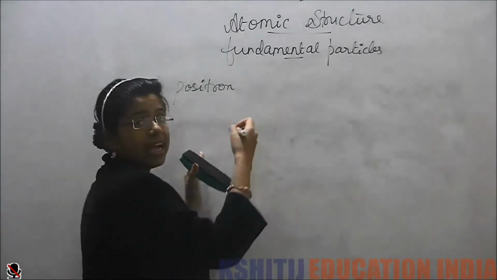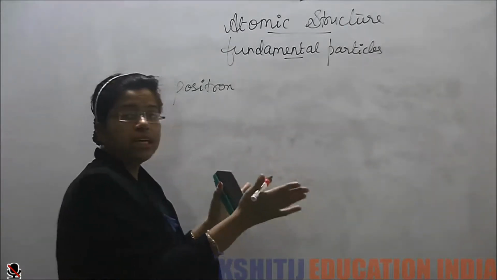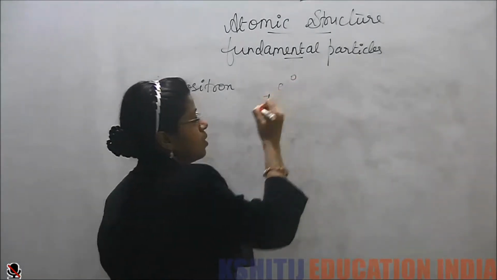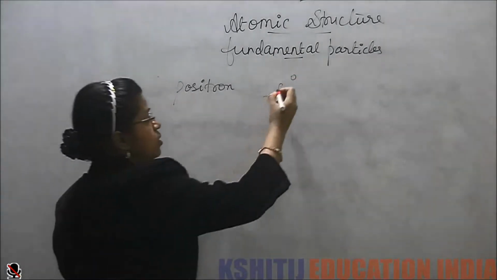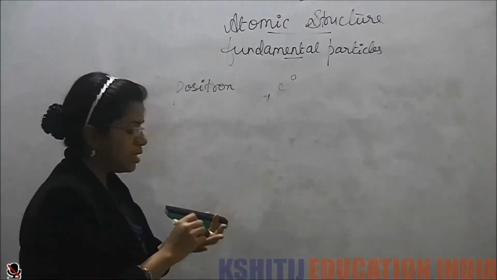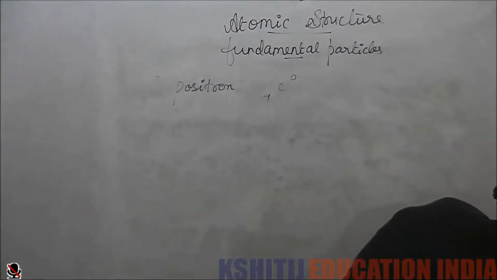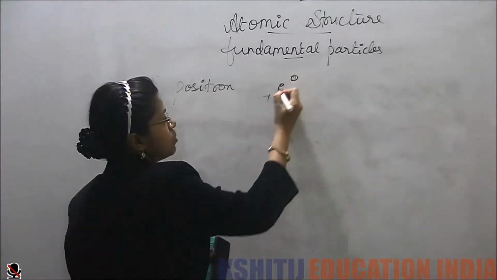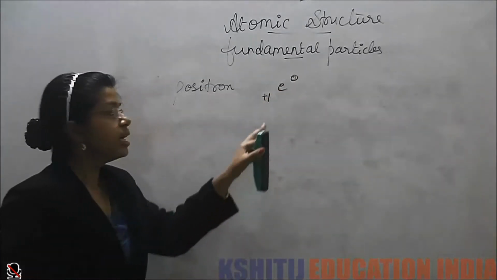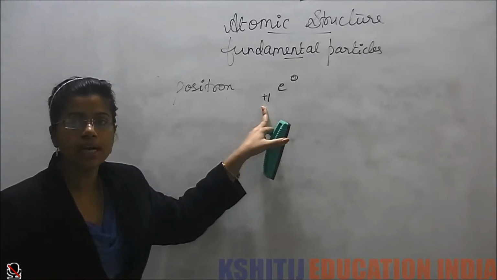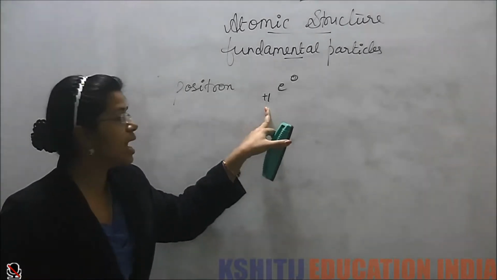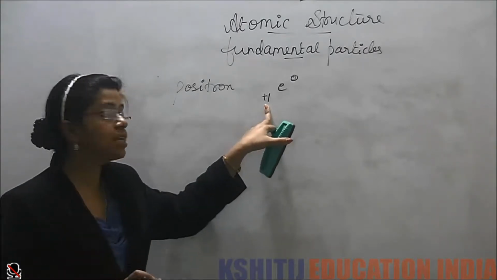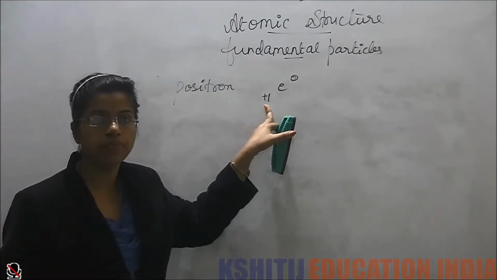Remember, electron I told you is represented like this, right? The positron is represented in the opposite way. It is represented in this way. It has mass equal to that of electron but has positive charge. Okay? Mass is the same, but it will carry positive charge.